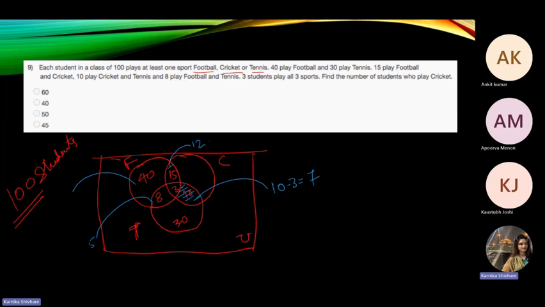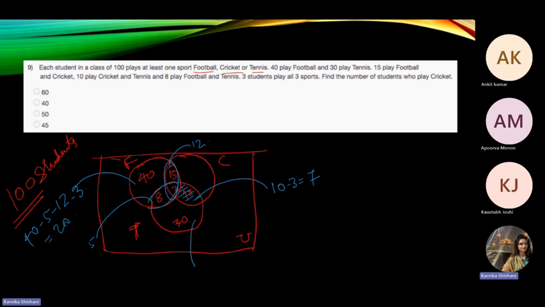Then how am I identifying this? I'm just subtracting them, right? This is 40 minus 5 minus 12 minus 3, meaning this is the count of students who play only football, so that is equal to 20.